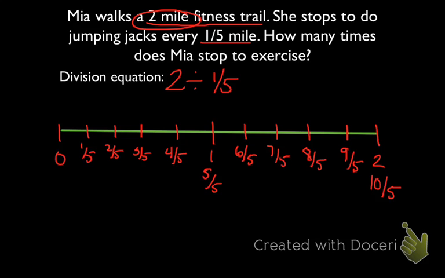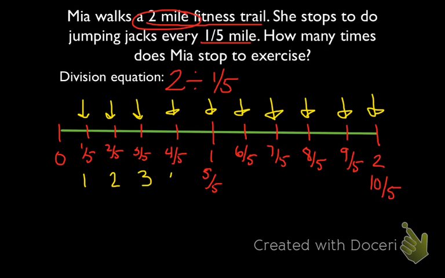So we ask ourselves, how many times does she stop to exercise? Well, every time she stops to exercise is every 1/5 of a mile, so that's right here, here, here. These are just arrows. Well, how many times does she stop to exercise? Well, she stops here's once, twice, 3 times, 4, 5, 6, 7, 8, 9, and 10.